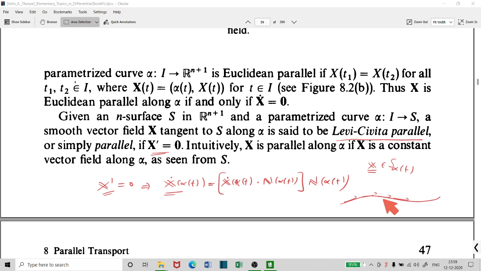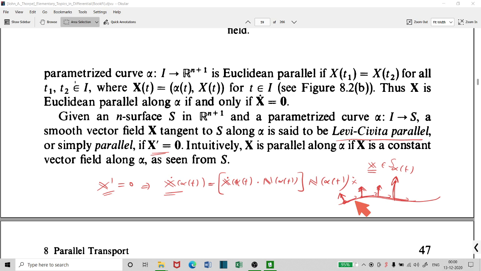If the derivative of this is in the direction of the normal at this point, we can say that this is a Levi-Civita parallel vector field, because as you move along this curve, when you look at this x dot, it can be seen in this direction. Okay, so there will not be any change corresponding to these vectors.